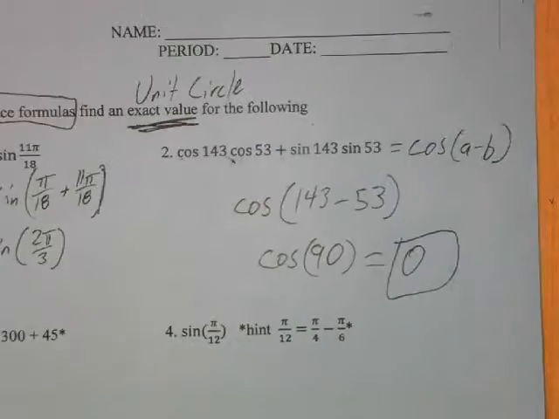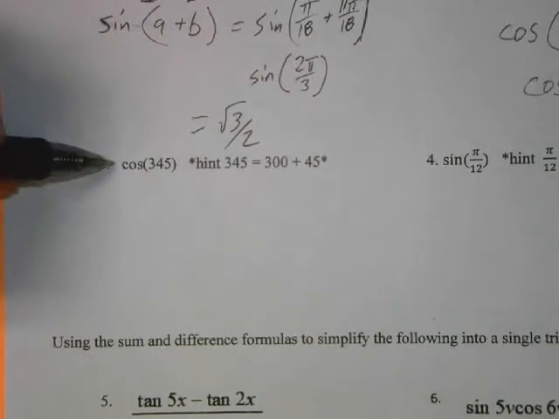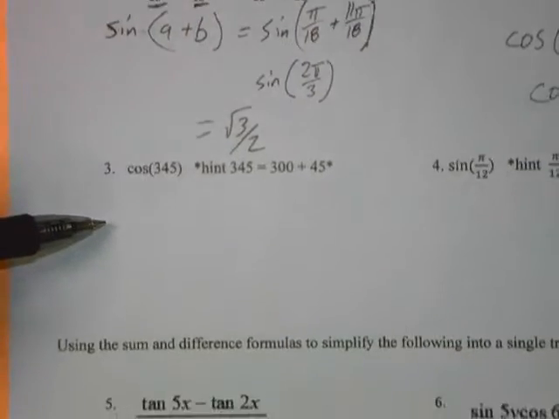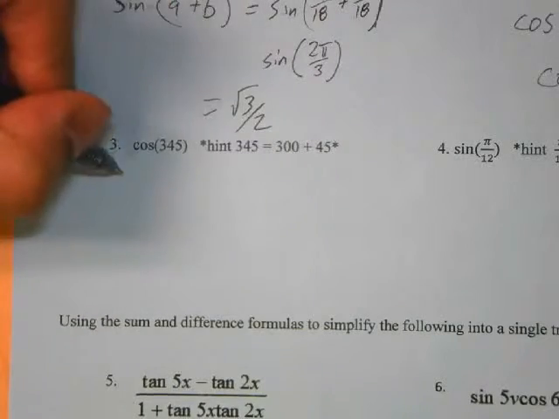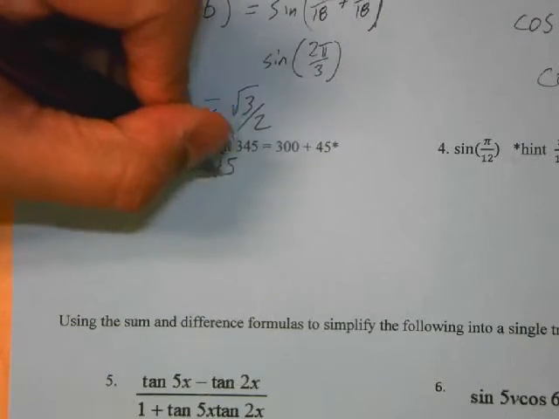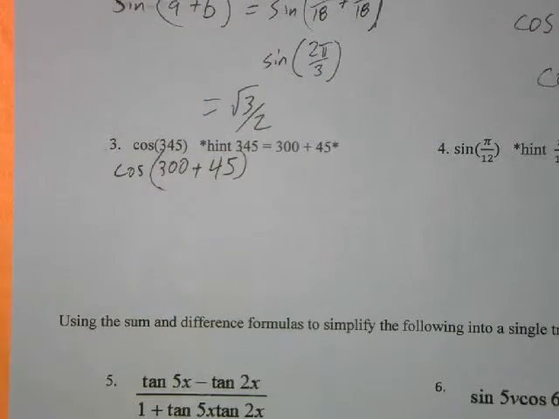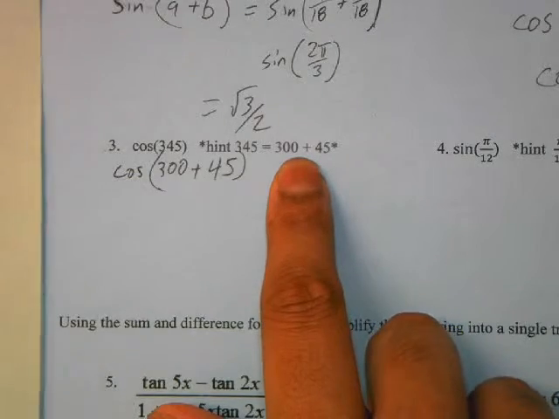Okay, so now let's keep moving, right? Let's take a look at the next one. Well, this one's different. Instead of having something that's been broken into pieces already, I have something I need to break into pieces, right? 345, not on the unit circle. But if I think of this as cosine 300 plus 45, I can use my sum and difference formula. I already gave you what A and B were, right? I actually went through and told you what it was.